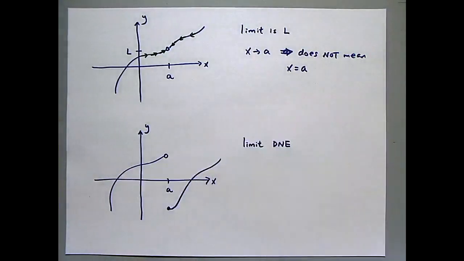From the other side, we get closer and closer to -3. So we can't meet up, therefore the limit does not exist. You remember this stuff? Yep. Good.